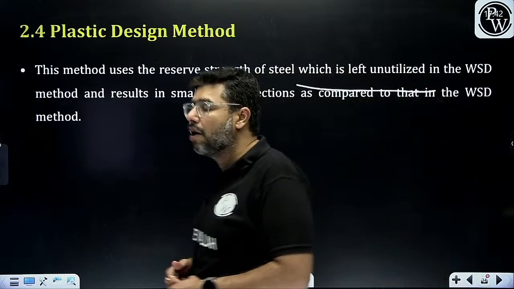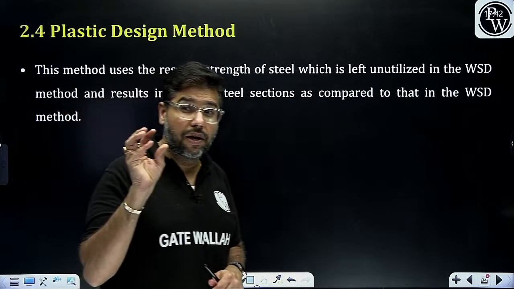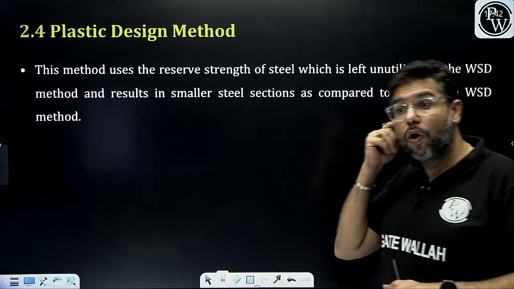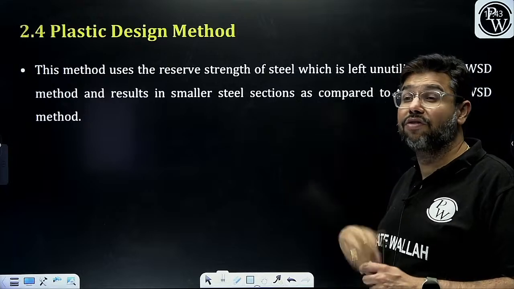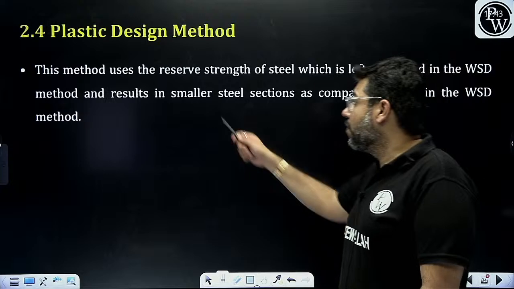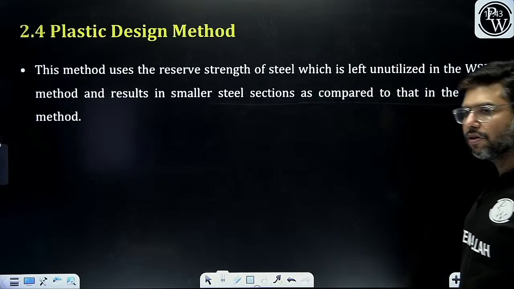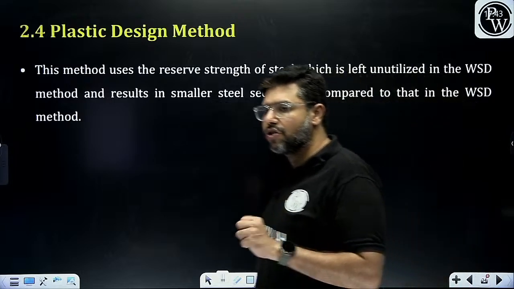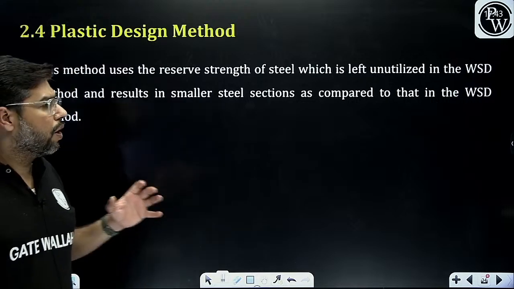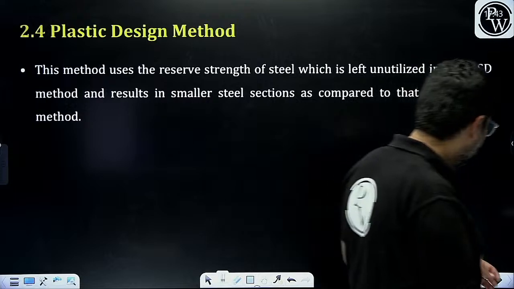Obviously, if you design steel structures using the plastic method of design, the sections will be lighter as compared to the working stress design, because you will have smaller steel sections for the same loading, because you are utilizing the reserve strength of the material. This is why the steel sections will be smaller for the same load conditions. Got my point? Very simple to understand.